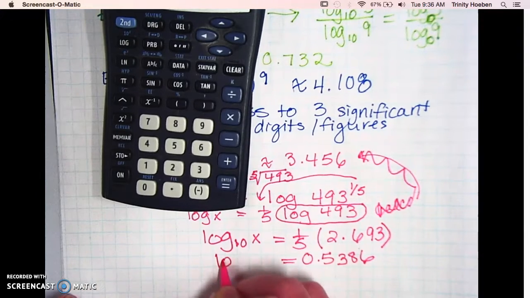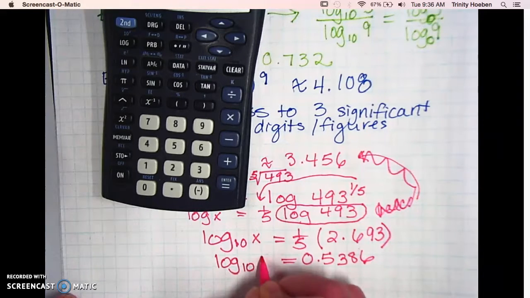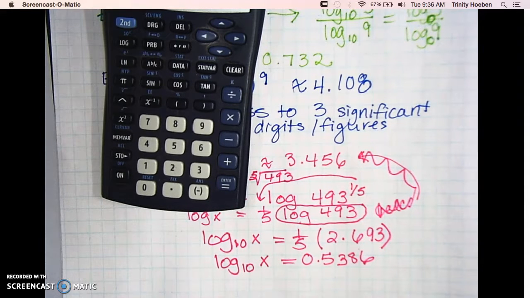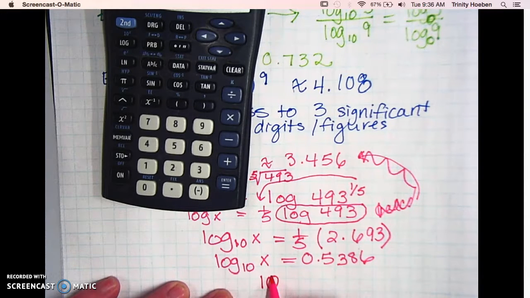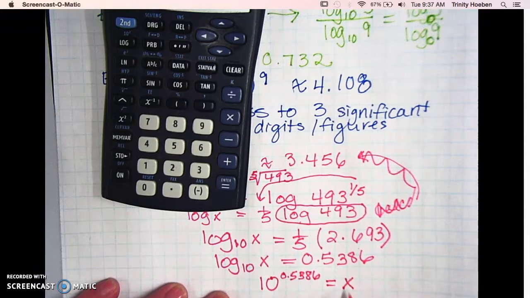All that's equal to the log base 10 of x. So if we rewrite that in exponential form, we're going to have 10 to the power of 0.5386, equal to our x.